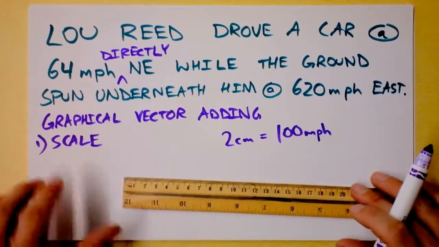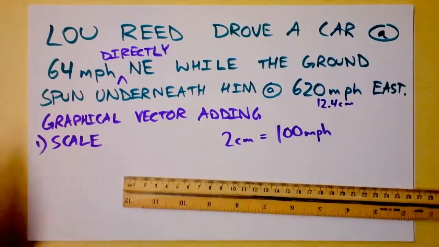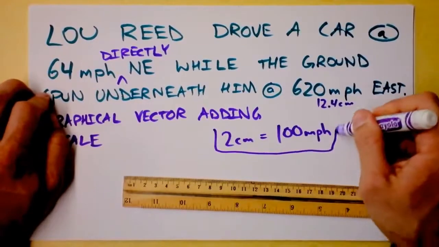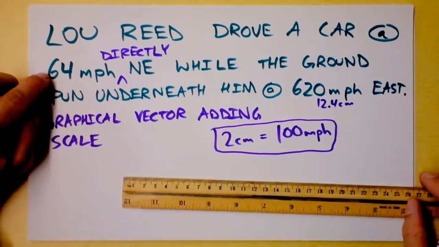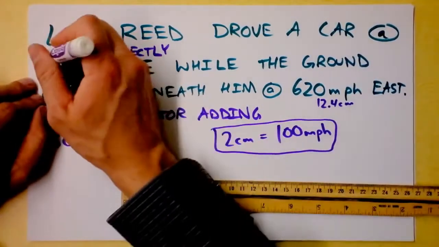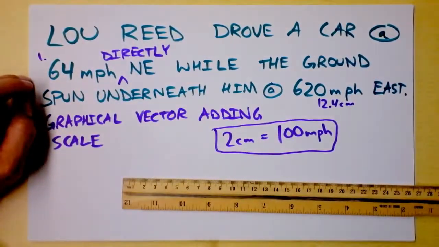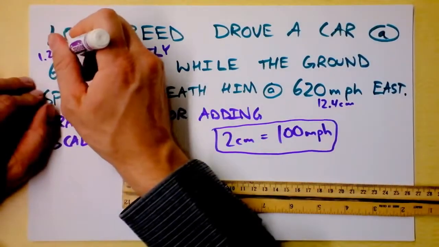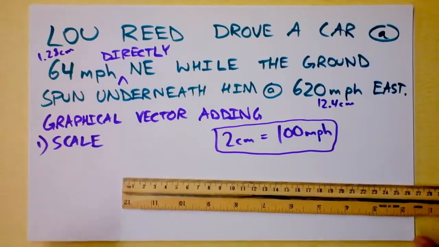All right. So I'll write 12.4 centimeters to represent that. And this is our scale. We can come back to this in a little bit. 64 miles per hour, that's going to be represented by 1.28 centimeters. That's what it seems like to me right now.